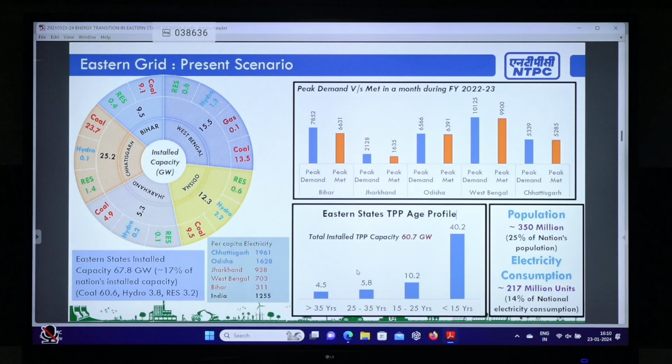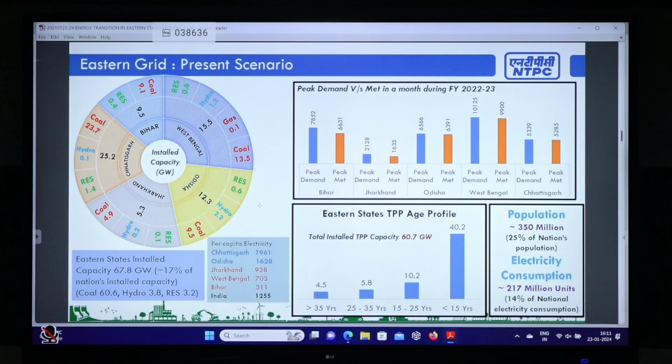The statistics are for the total region. NTPC is only 25 gigawatt in this, and a little amount of solar. Hydro is under construction.